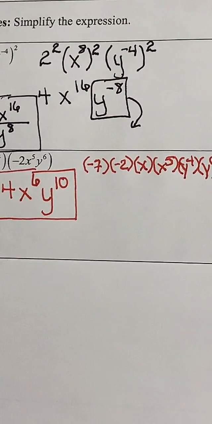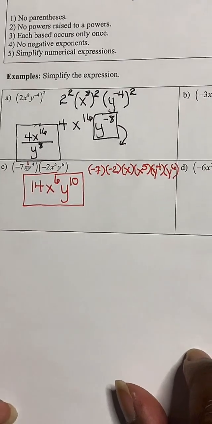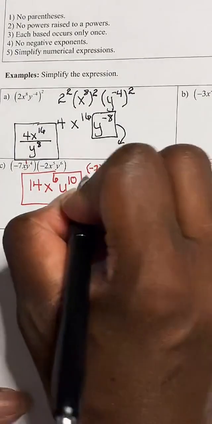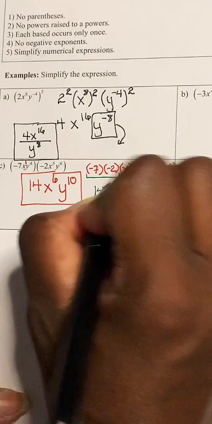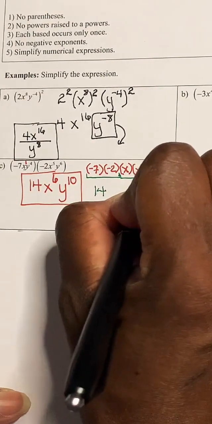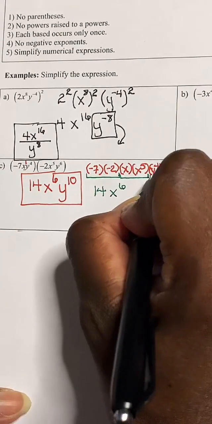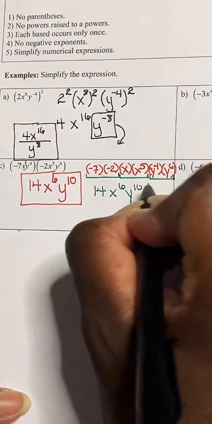Let me unzoom a little bit. Okay, so then you just group them. Do those, that'll give me my 14. Do that, that'll give me my x to the 6. And then do that, will give me my y to the 10.